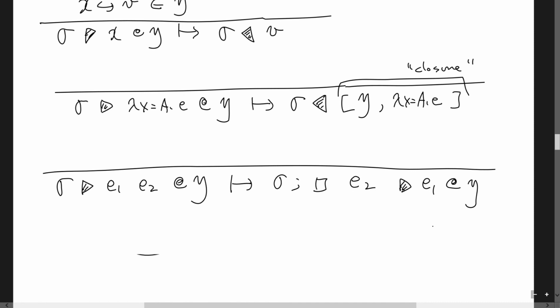But there's something missing here, which is if everything goes all right, we will return some value v, let's say v1, produced from this expression E1.